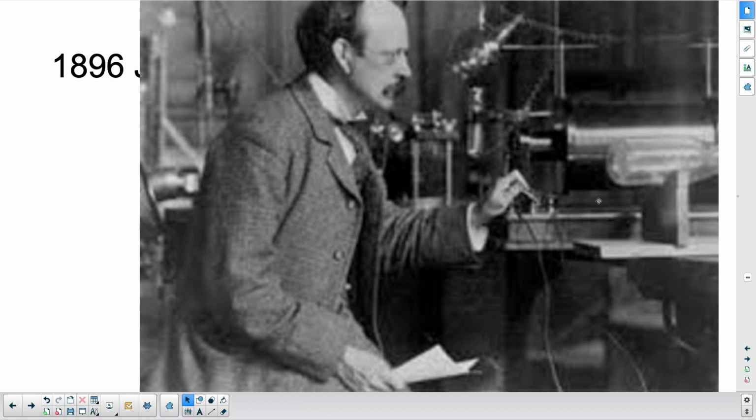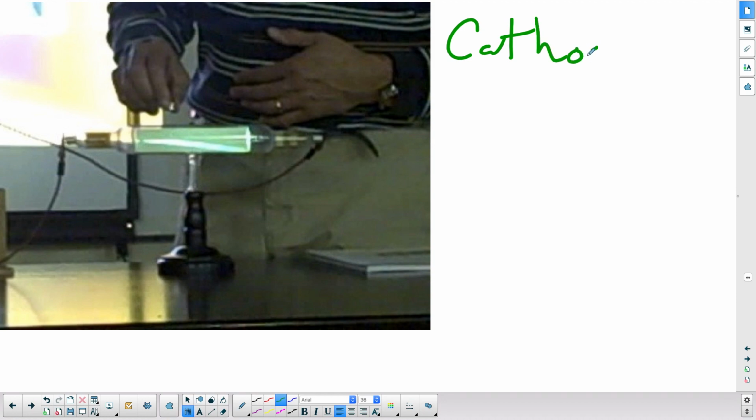And he's got these glass tubey things over here. These glass tubey things are also in this picture here. They are called cathode ray tubes. Okay.